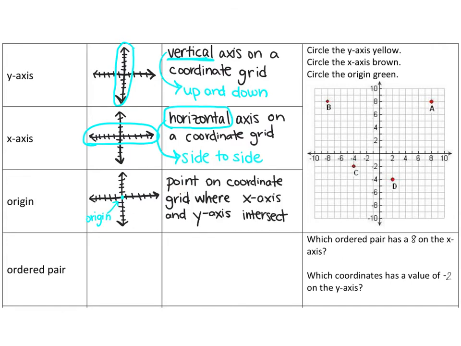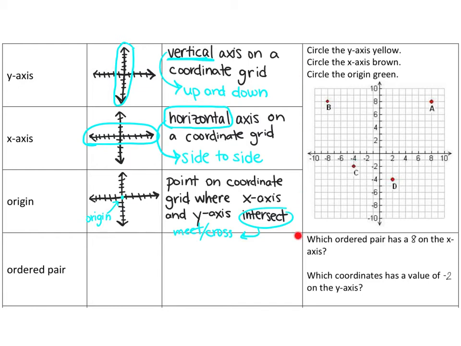So it is the point on the coordinate grid where the x-axis and y-axis intersect. And intersect means meet, or they cross. Okay. Pause the video to write that down.